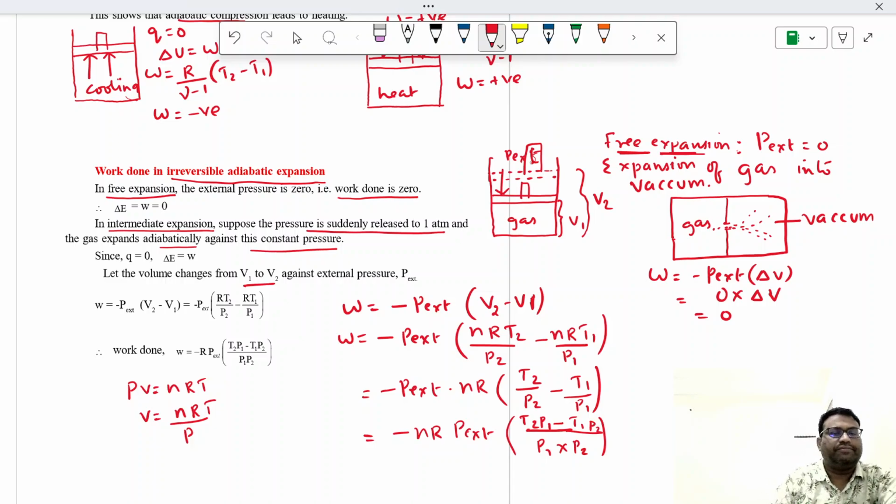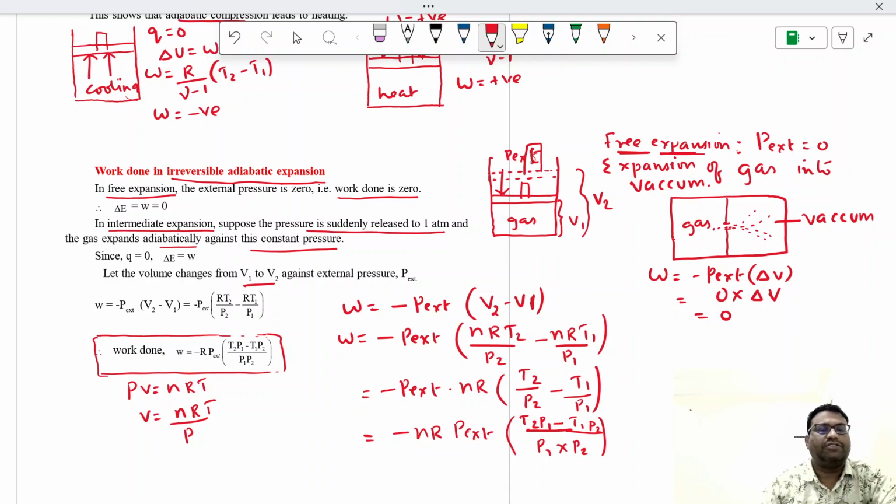So this formula can be used for irreversible process, work done in irreversible adiabatic expansion.